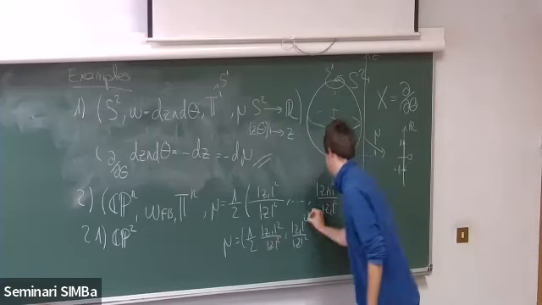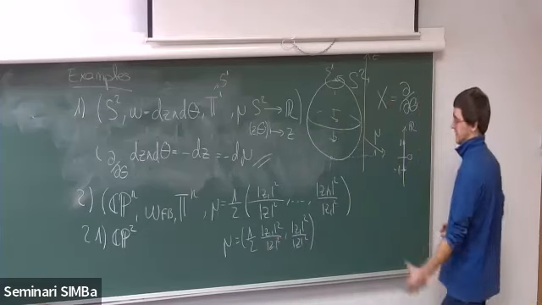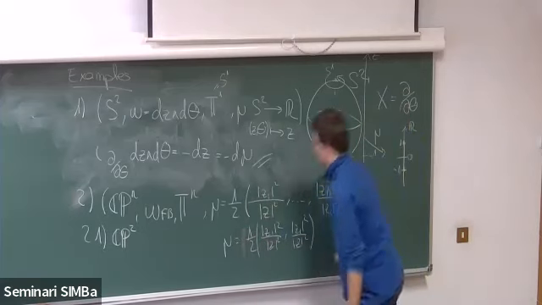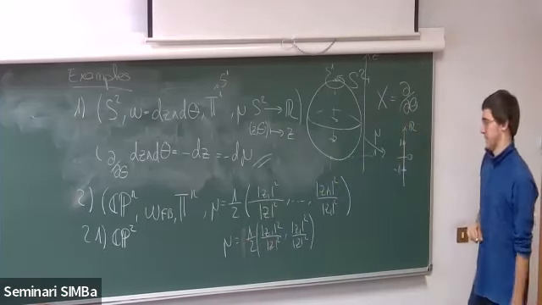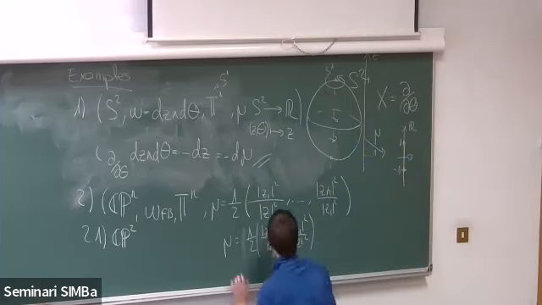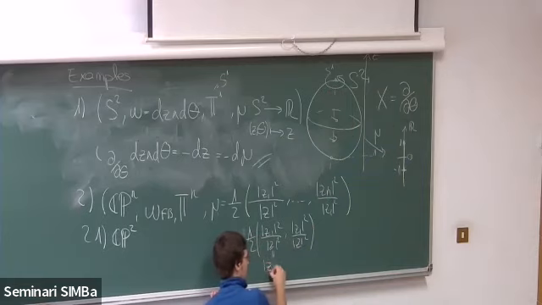Which is the image now? This is more explicit because which is the image of this moment map? Well, |z|^2 is just the sum of all the components. So in this case, it will be |z0|^2 plus |z1|^2 plus |z2|^2.